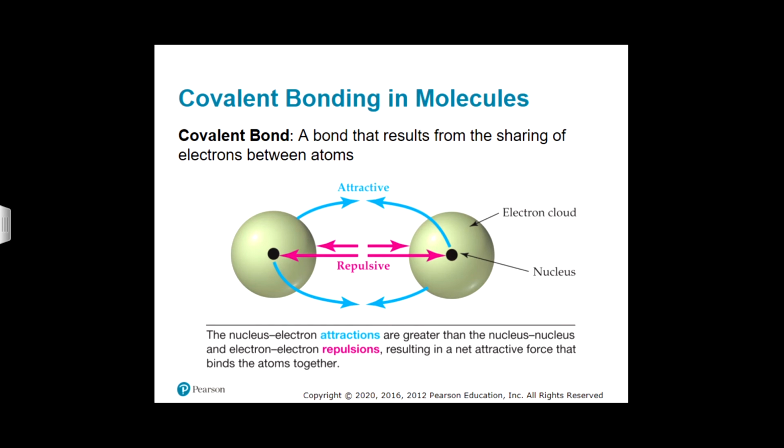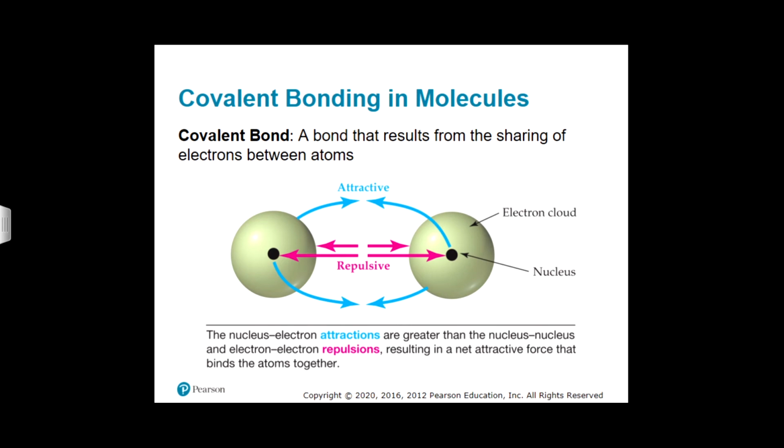But in a covalent bond, what we have are attractive and repulsive forces involved between the two atoms, and these need to be balanced out. So between each atom, we have a nucleus in one atom and a nucleus in the other atom. Those are both positively charged, so they're going to repel each other.